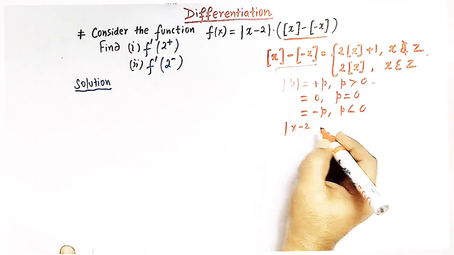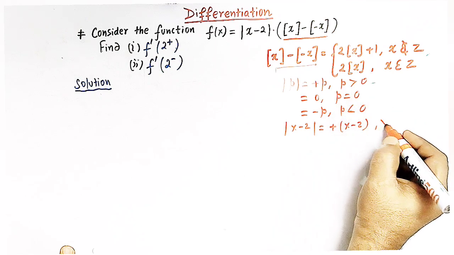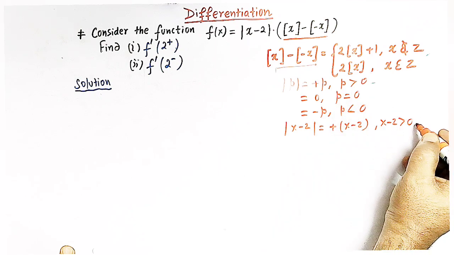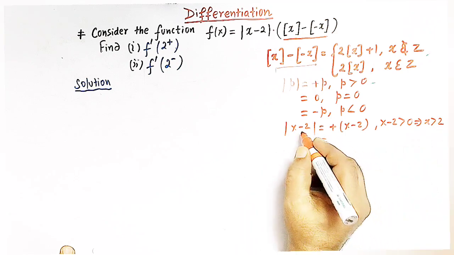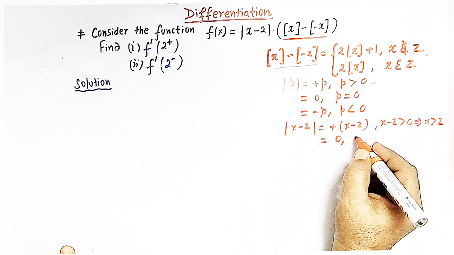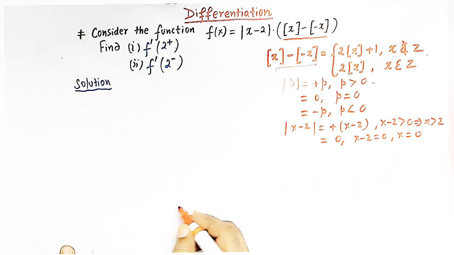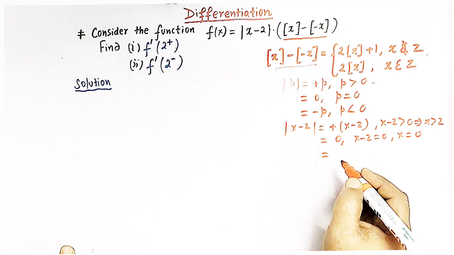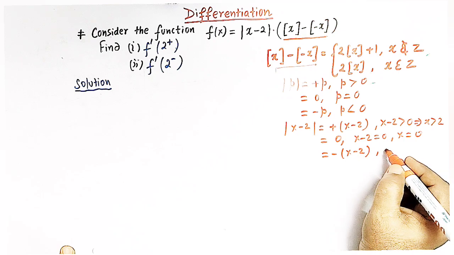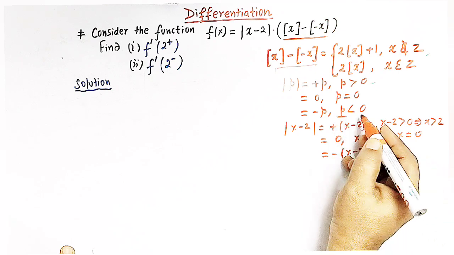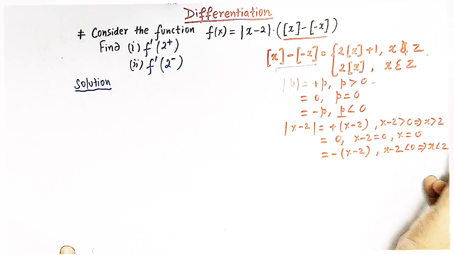So mod of x minus 2 is positive x minus 2 whenever x minus 2 is greater than 0, which implies that x should be greater than 2. Mod of x minus 2 is 0 whenever x minus 2 is equal to 0, that is x is equal to 2, and mod of x minus 2 is negative of x minus 2 whenever x minus 2 is less than 0, which implies x is less than 2, right?